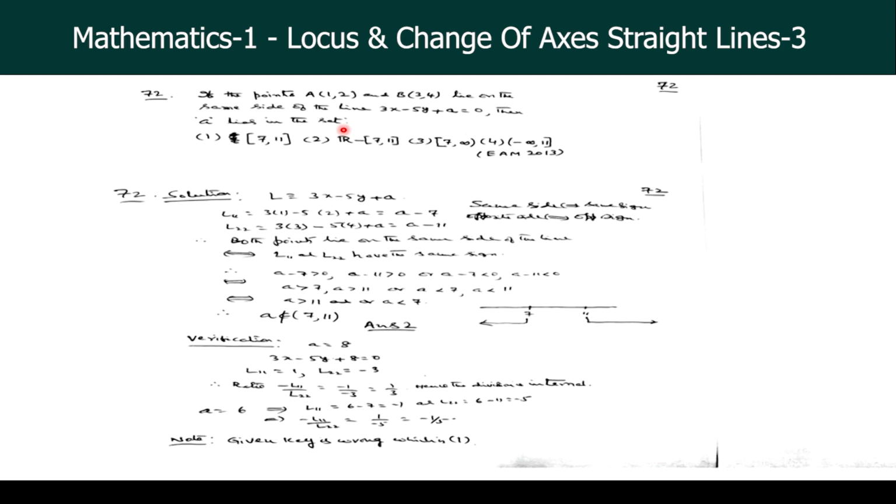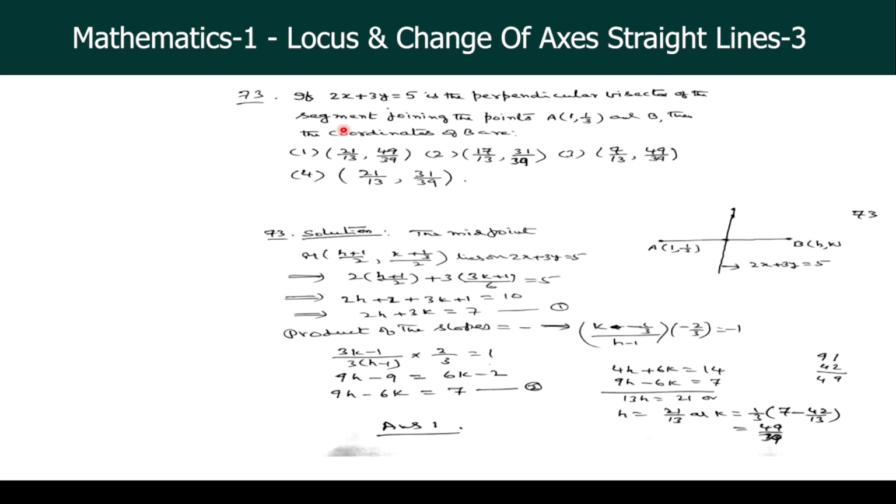Internal division, positive ratio. So I checked whether that answer is correct or not, and according to the verification, the key is wrong. So the right key is option number 2, which is R minus closed interval 7 comma 11.